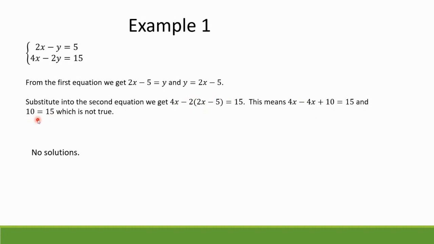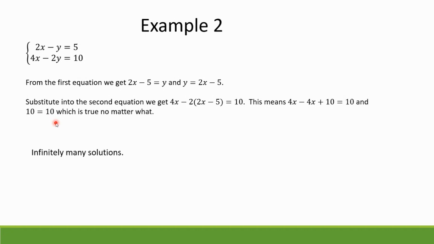But we have something here that's just false no matter what. What does that tell us? There are no solutions to the system. That's what this is telling us. No solutions, okay?